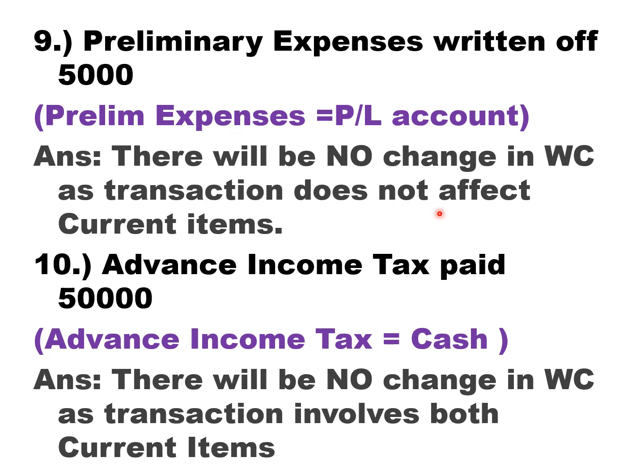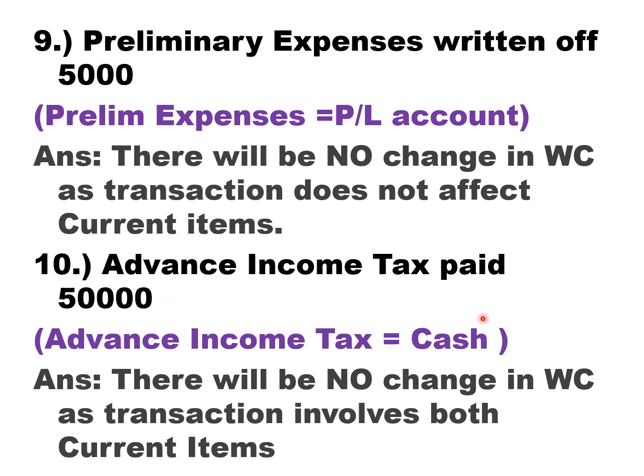There will be no change in working capital as the transaction does not affect any current item. As explained earlier, working capital will change only if the transaction is between current and non-current items.